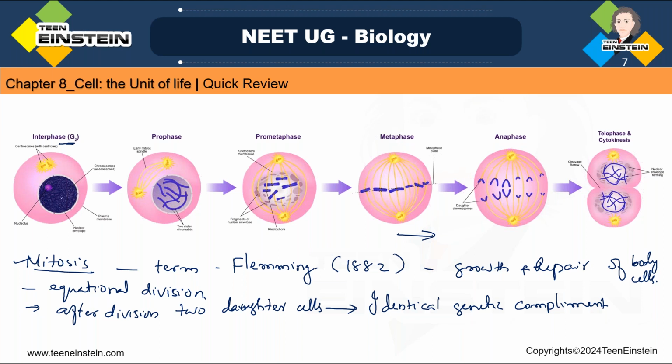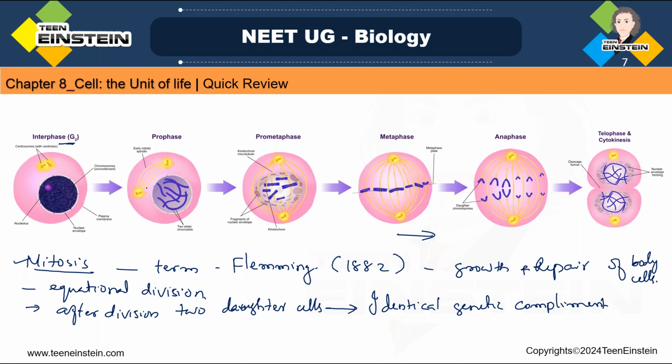Covering it is the nuclear envelope, marked in white, and the plasma membrane of the cell. The chromosomes are not in a condensed form but in a loose form. A cell in the G2 phase, moving to the divisional stage, looks like this.